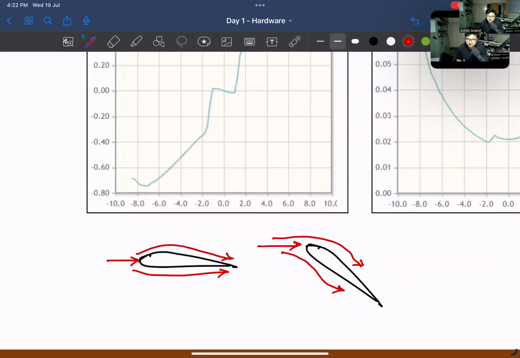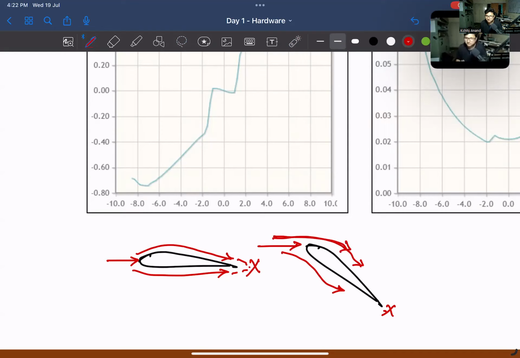Now, after the flow has deviated from the aircraft, it needs to meet back here, right? For the whole deviation to be complete and for the flow to remain stable. But what happens is, when you have such high angles of attack, this flow gets slowed down so much.